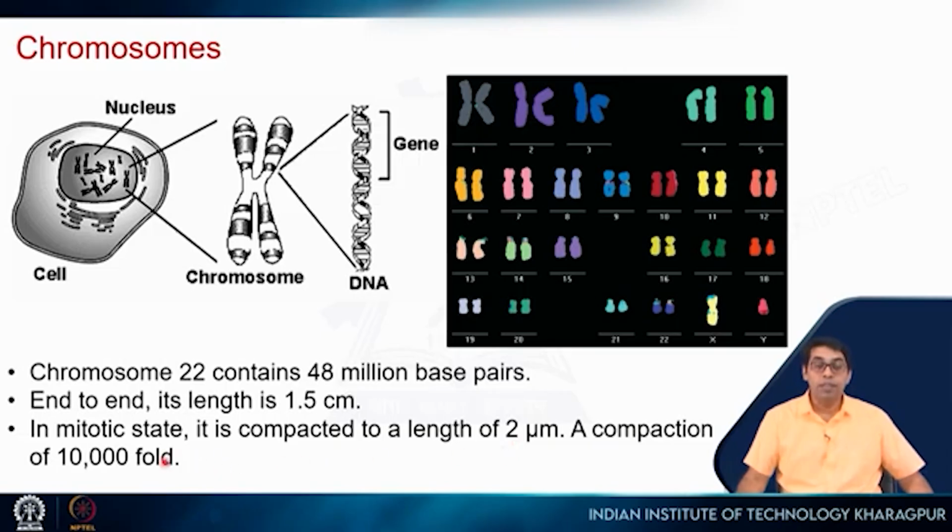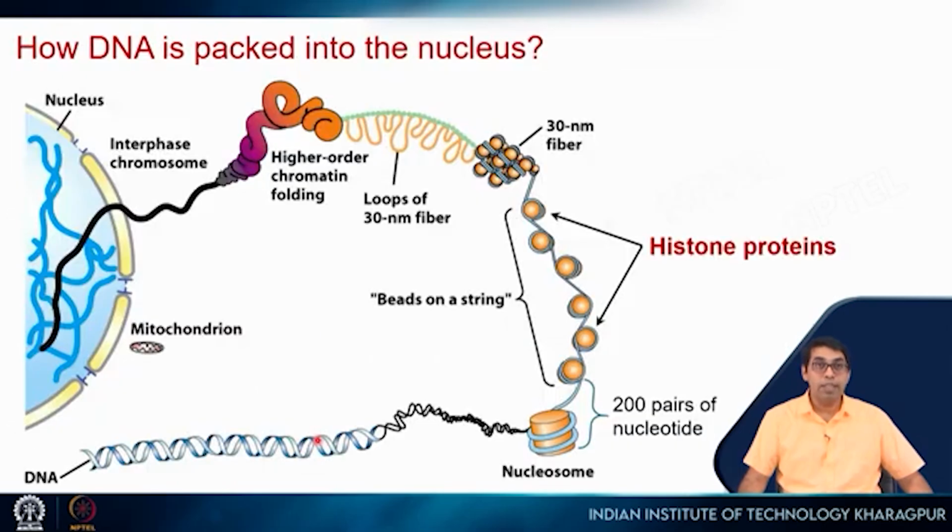How do cells achieve this huge amount of compaction? In the mitotic state, the compaction is the largest, but even in interphase the compaction will be 1000 fold that of this length, right. So, how is that achieved? That is achieved using the histone proteins. First of all, you have to consider this DNA molecule.